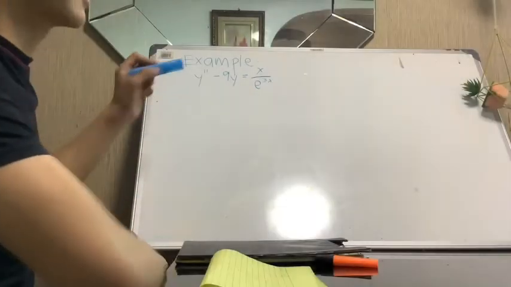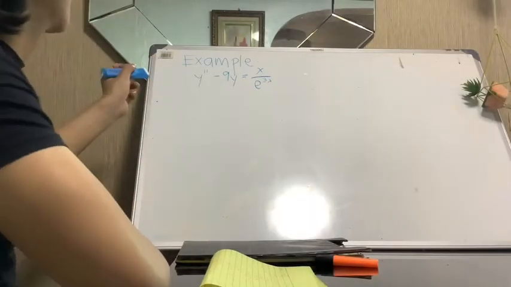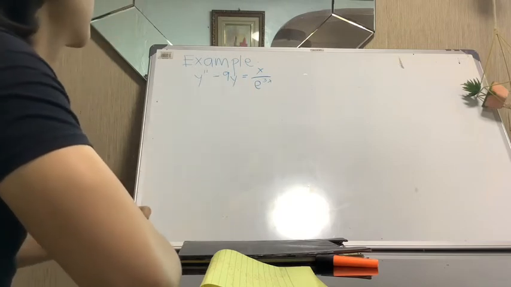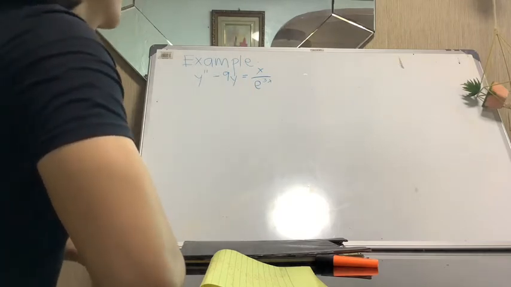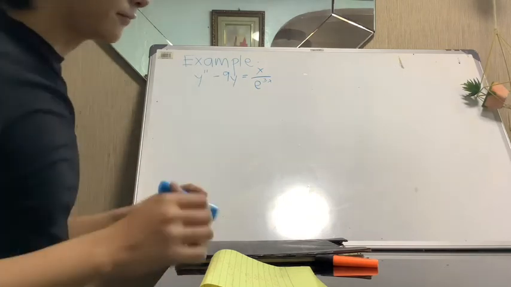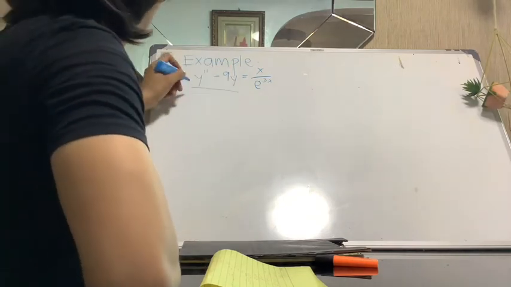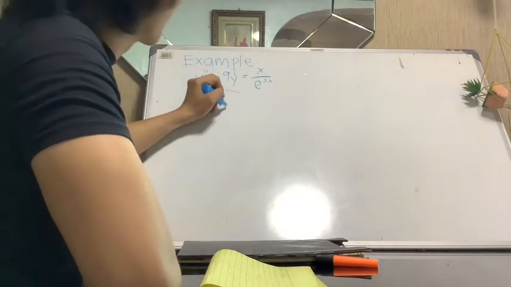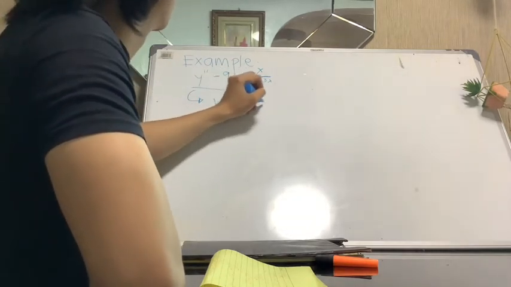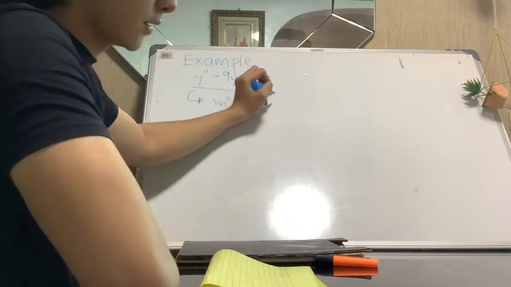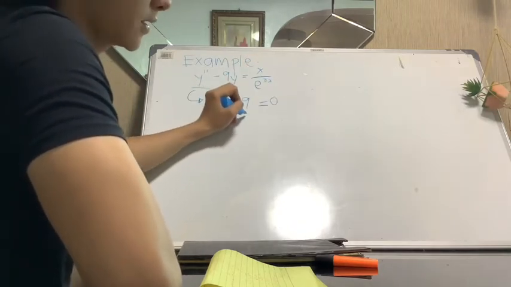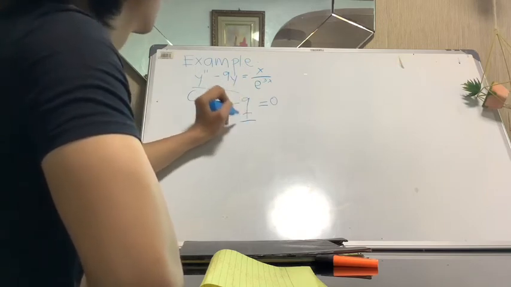Guys, this is our example: y double prime minus 9y equals x over e to the 3x. The auxiliary equation is m squared minus 9 equals 0, and then m equals positive or negative 3.